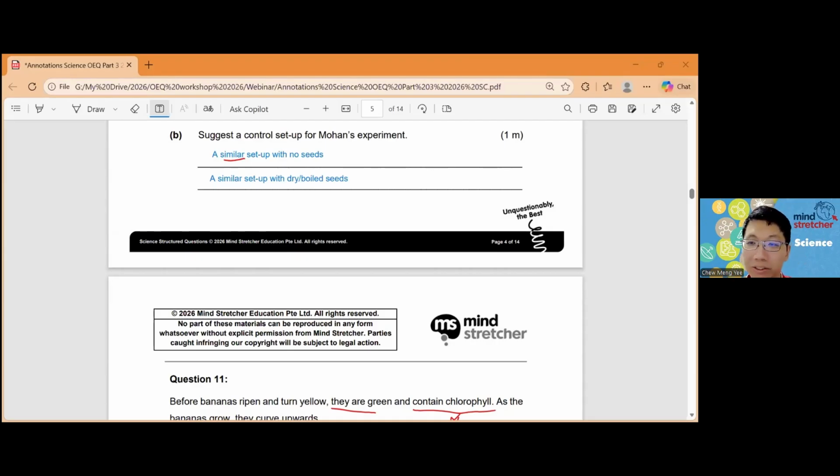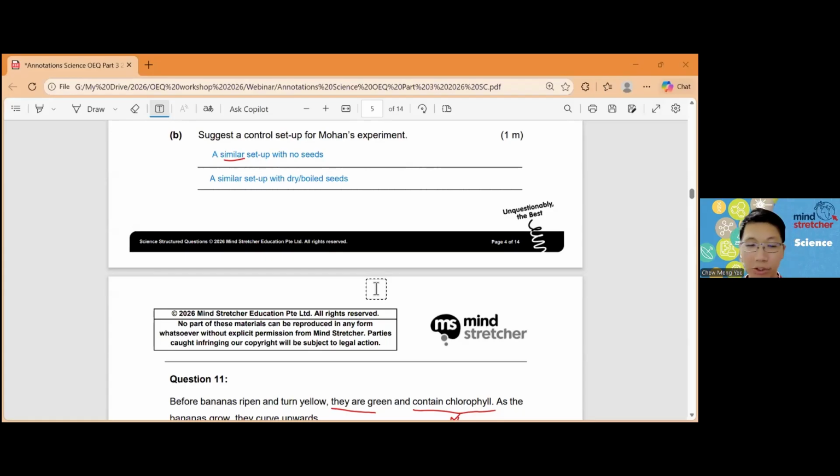It's 32 already. How common will fair test questions appear? I would say in every PSLE paper, there is likely to be at least one fair test question. But fair test questions are in different forms.